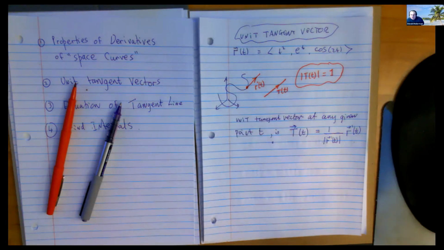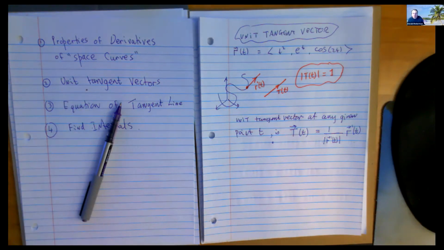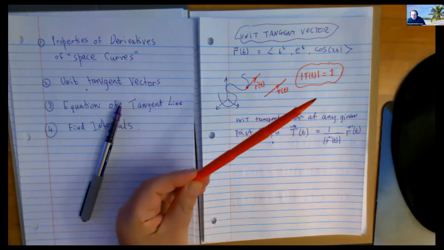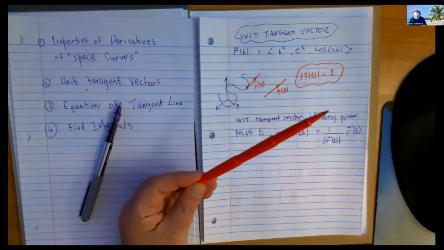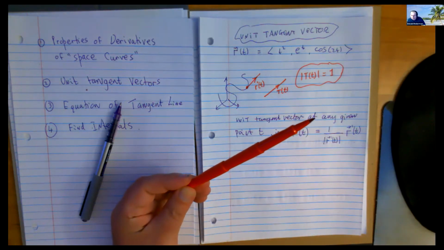Can you remember what we said yesterday? The magnitude of this vector was telling you about your roller coaster death. The derivative was just basically telling you, where are we? Here we go, down here. The derivative was telling you this vector. But what was the magnitude of this vector telling you? The speed.